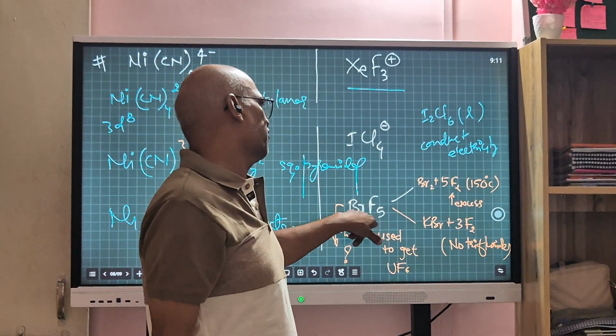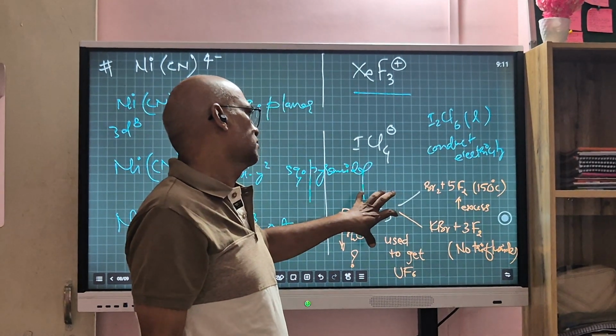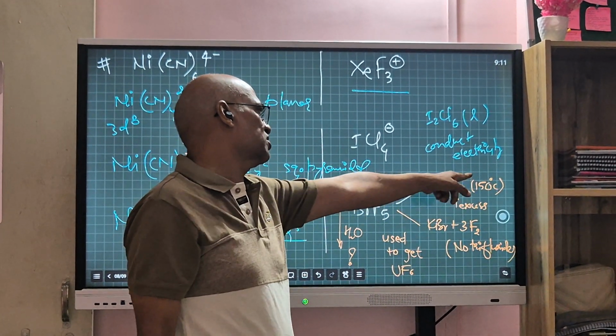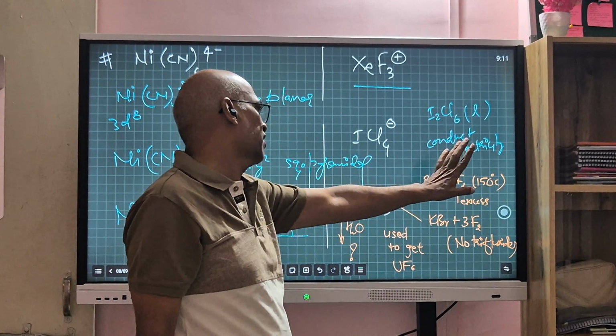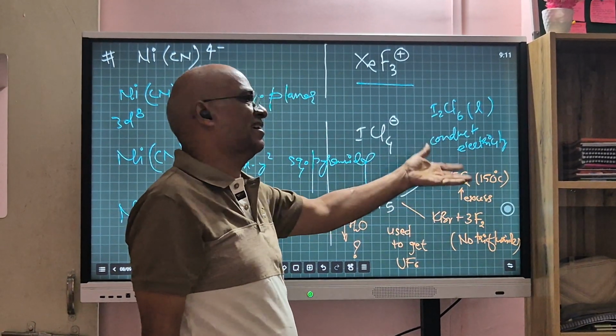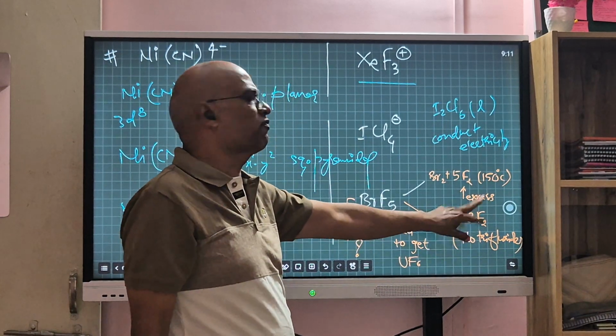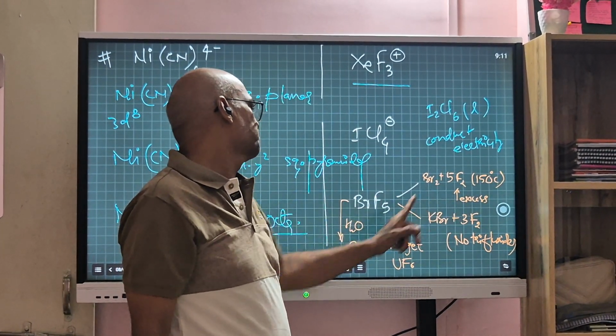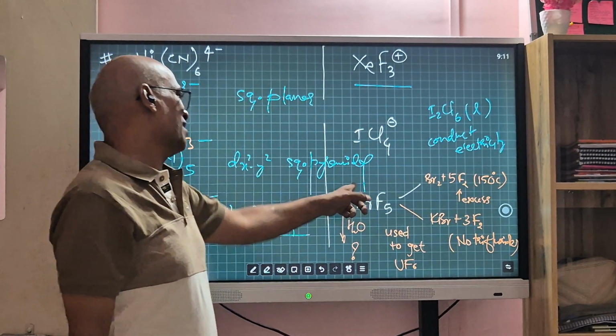Okay. So BrF5, how to make it? Bromine with excess fluorine at 150 degrees Celsius, you will get BrF5. Another method for better yield and no impurity of trifluoride: we can use KBr along with F2.